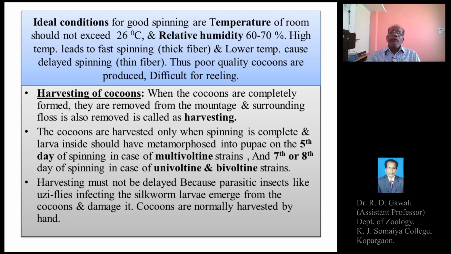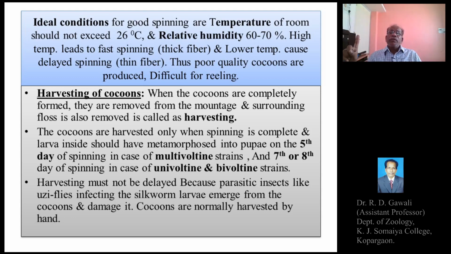This is the right time to harvest the cocoons from the mountages of the silkworm larvae of the multivoltine strains. So in case of multivoltine strains, we can harvest the cocoon on or after the fifth day.